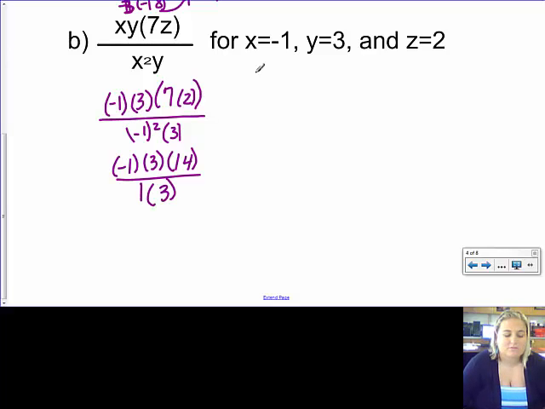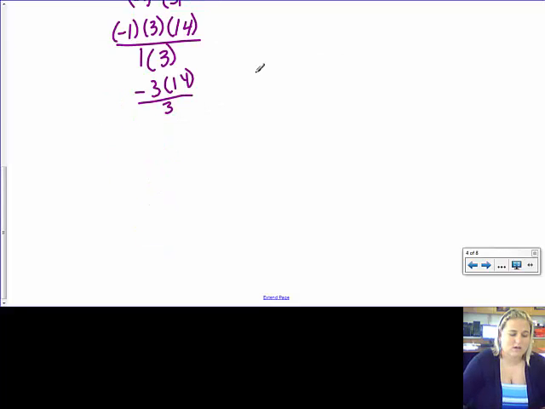I can simplify at the same time on the top and on the bottom because nothing is happening between them until that division step. So then I have -1 times 3, which is going to be -3 times 14, over 1 times 3 is 3. -3 times 14, okay, negative times a positive is a negative, and then 3 times 14 is going to give me 42, and then 3 is on the bottom.